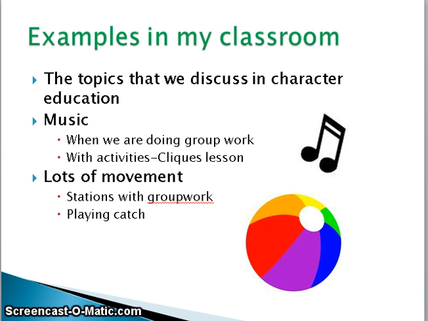So I think the topic that we discuss in itself helps engage the students because we relate it to their lives every day. For example, today we talked about cliques, and then we talked about where they see cliques in the classroom and gossip and different things like that. So they relate it to their own lives. So that's one of the ways that I engage the students. One of the multiple ways that I engage the students.